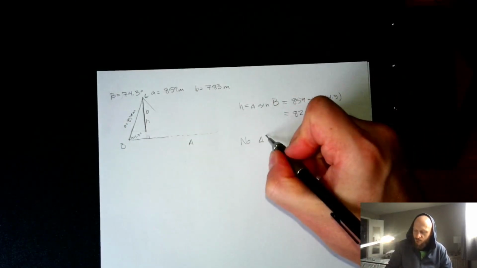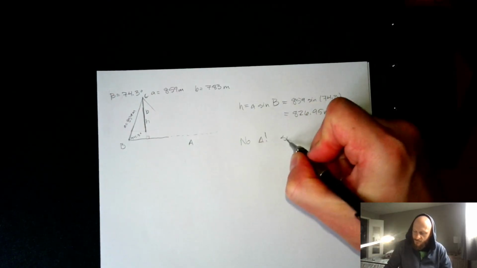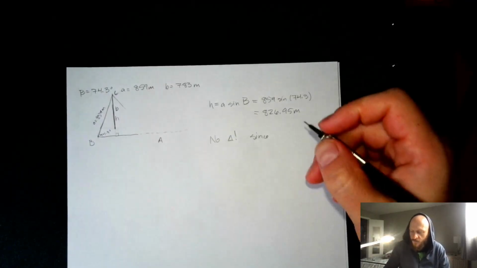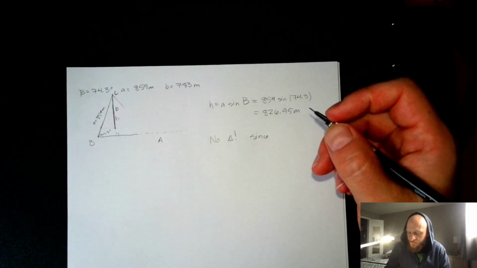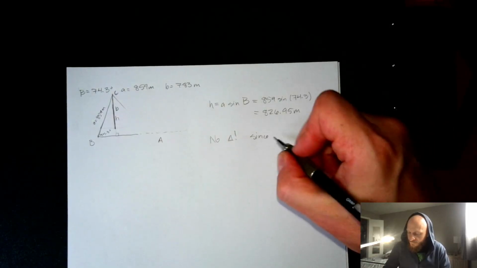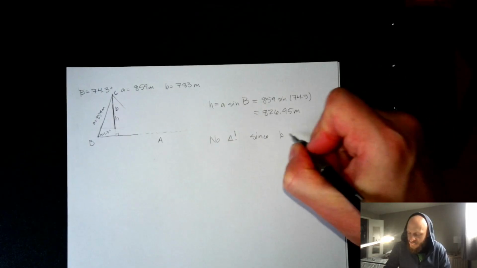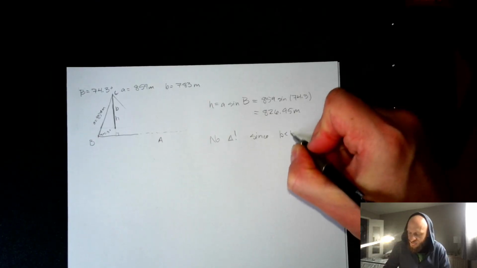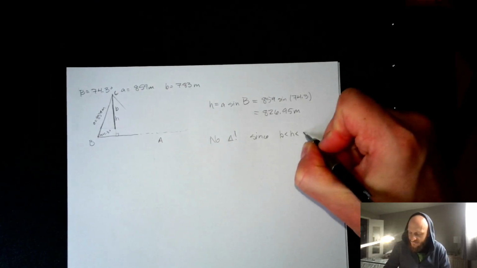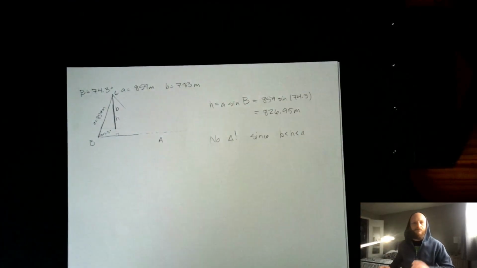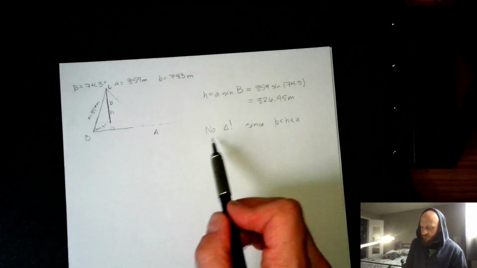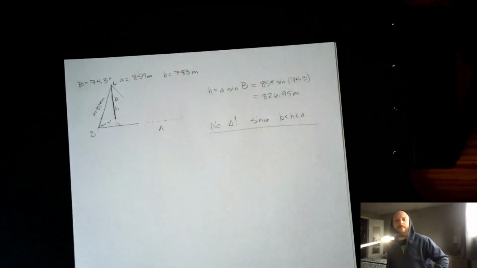Why? Since B is less than H and H is less than A. That would be my justification, if you need some kind of justification.